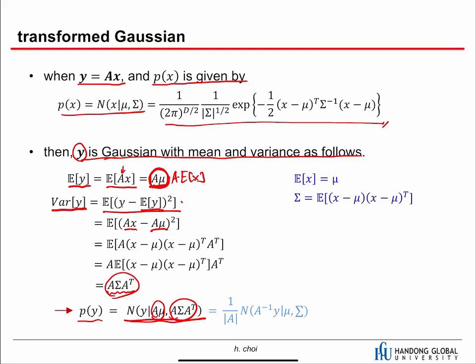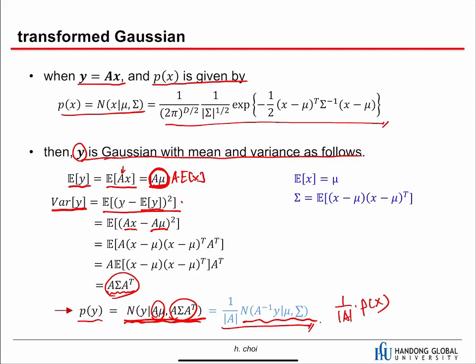Okay, and this one is actually the same as this one. So this one is about the p of y, and this one is about p of x, right? So this one says 1 over the determinant of A times p of x.